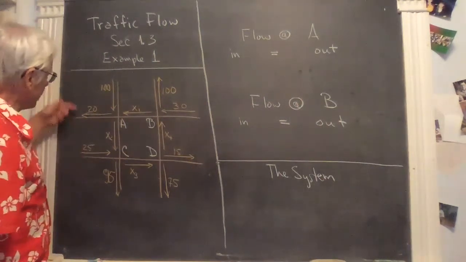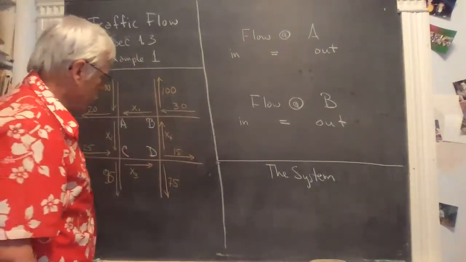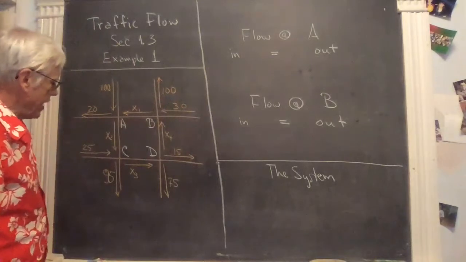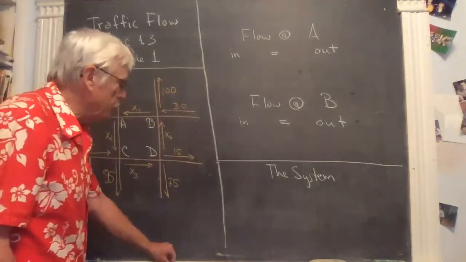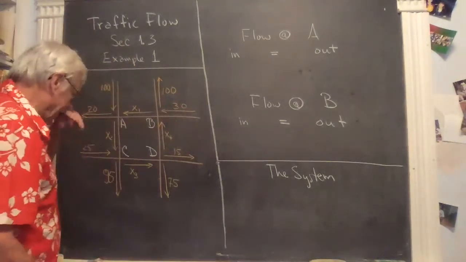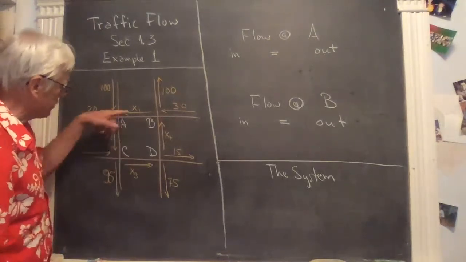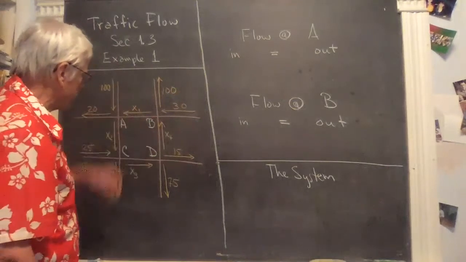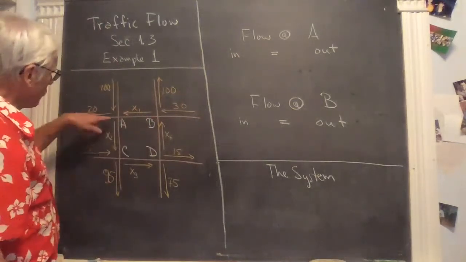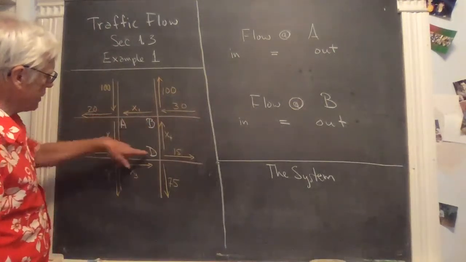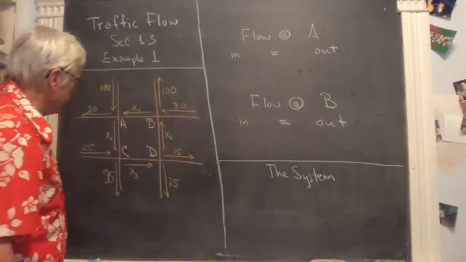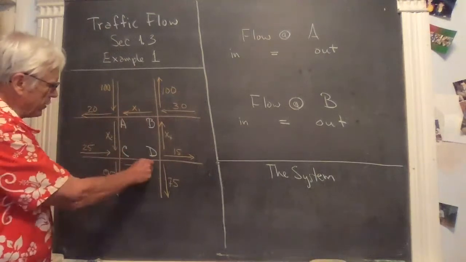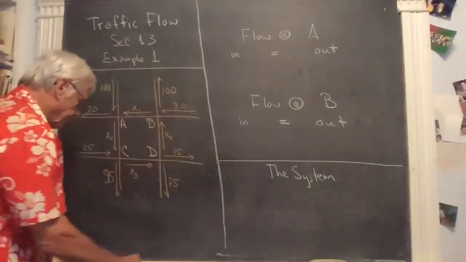And so on these roads in and out, you have a certain amount of traffic that you have measured, and you want to get the idea of what the traffic is likely to be on these roads that are right around the town square. So you've got the intersections here, A, B, C, D, which I've located. The unknown traffic are the traffic around the square, X1, X2, X3, and X4.